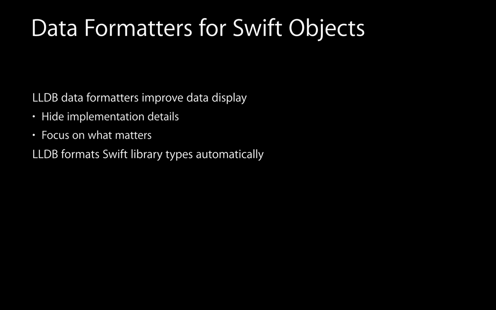But the good news is that the mechanism is pluggable. This is covered in great detail in last year's session, which you're welcome to watch online, or on the lldb website. We'll just quickly go through an example to show that you can roll your own Swift formatters, much like you could in C++ and Objective-C.